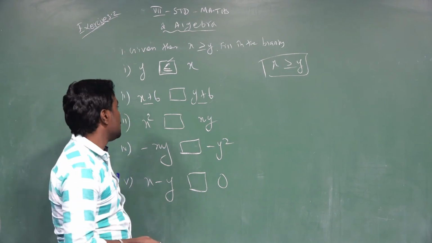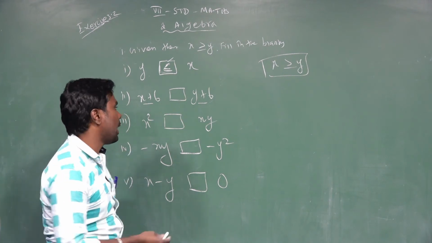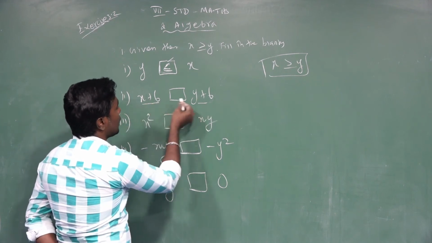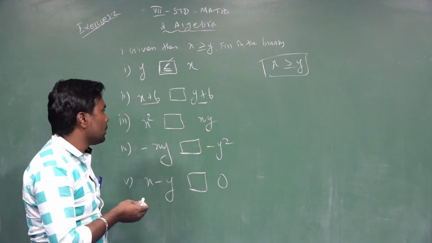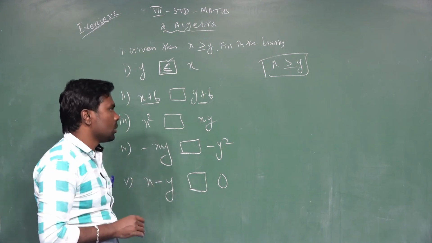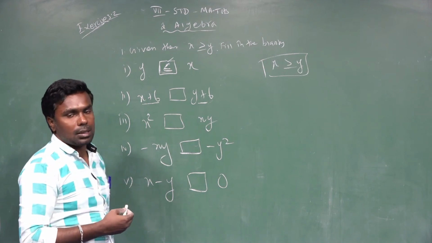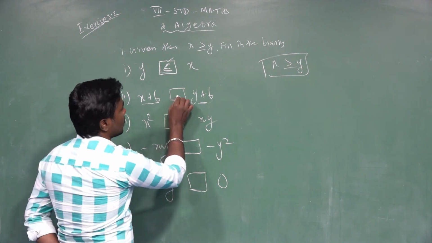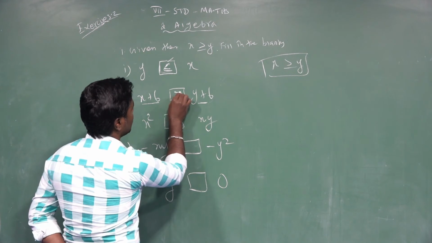Here x plus 6 and y plus 6. So they are adding the same number on both sides. So here the inequation does not change. So use the same symbol, greater than or equal.